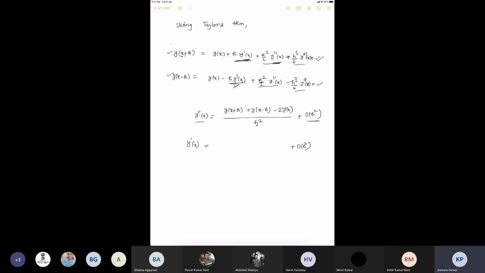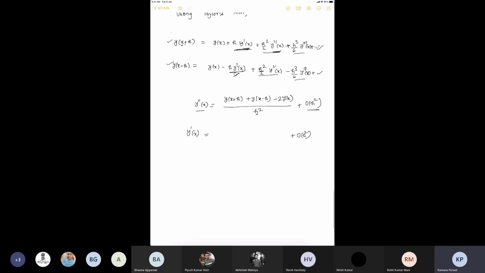If you subtract them, y x will cancel out, and then you will have 2h times y prime of x plus h square times this. So let's subtract both of them. If you subtract y of x plus h minus y of x minus h, the first term cancels out.